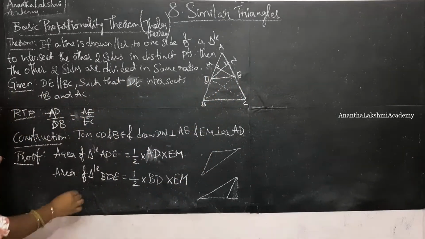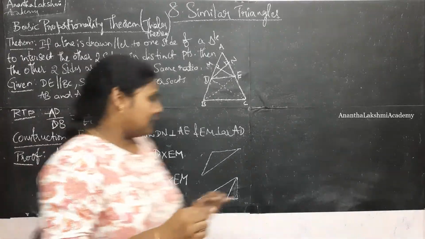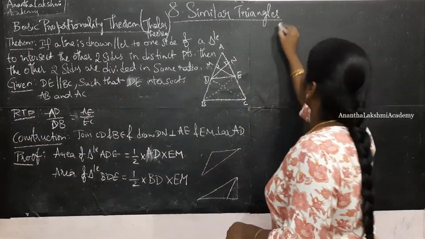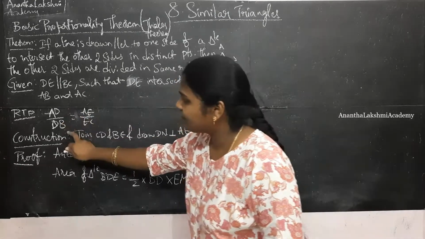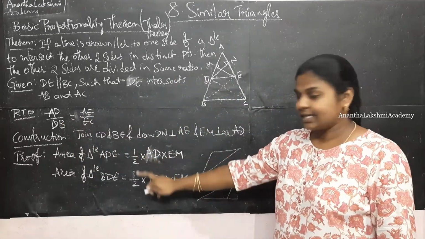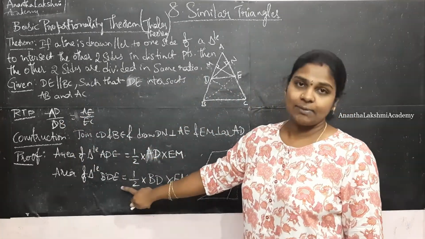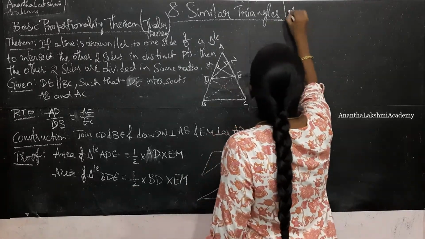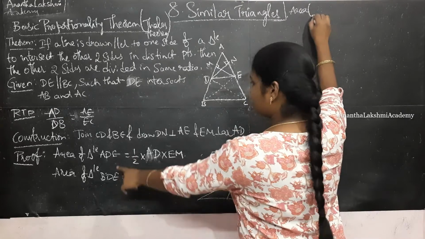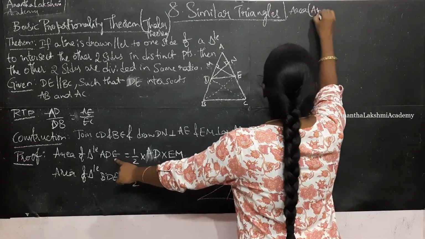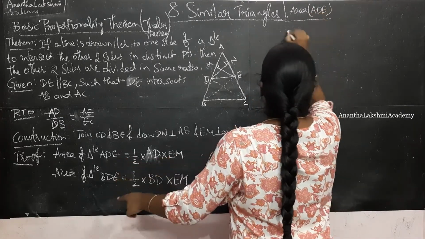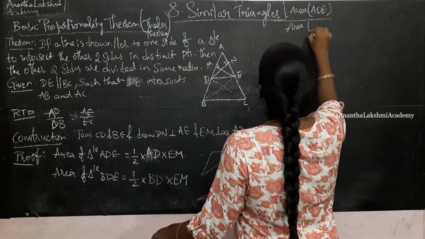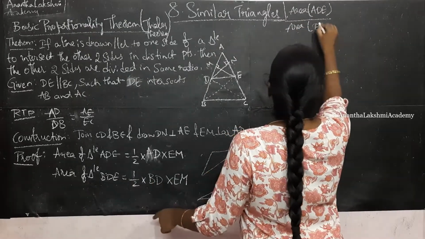So now what happens? In order to get AD by DB, we need to calculate the ratio of area of triangle ADE and BDE. Okay, for that, area of triangle ADE by area of triangle BDE.